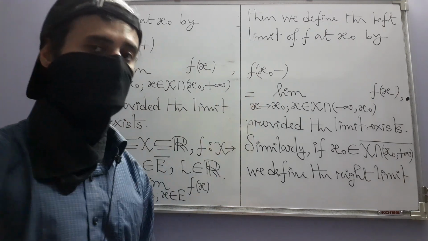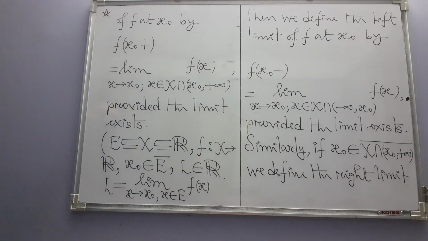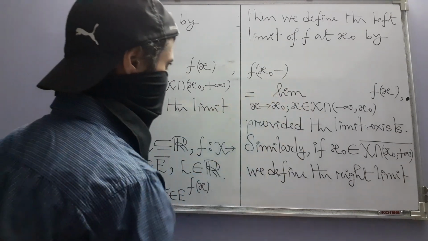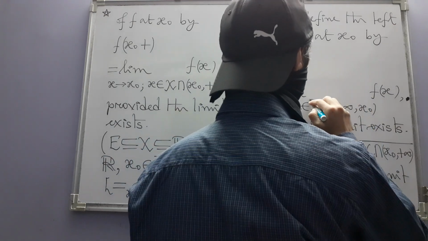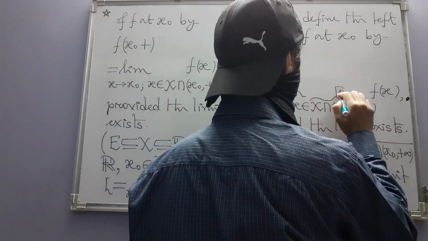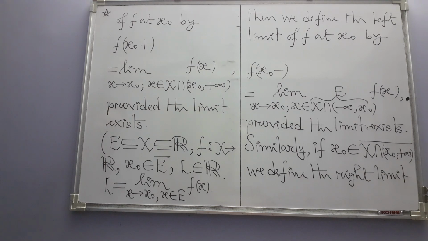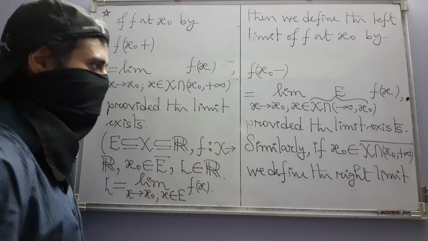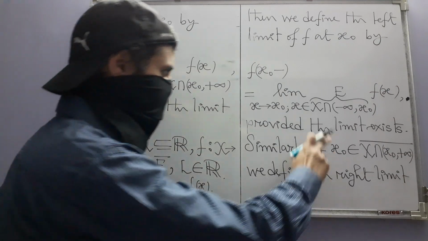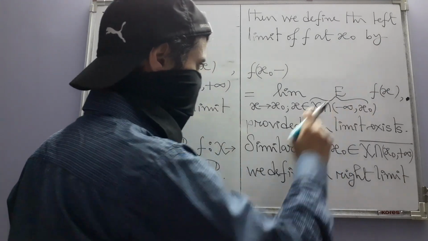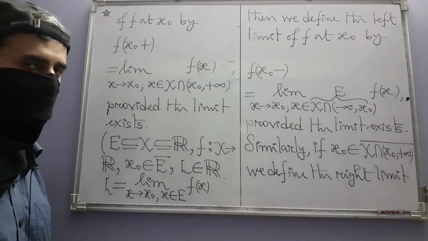What is our E in this case? Here, for example, the E is this set. Is this E a subset of X? Yes, of course it's a subset of X because it's the intersection of X and some other set, which is some interval.